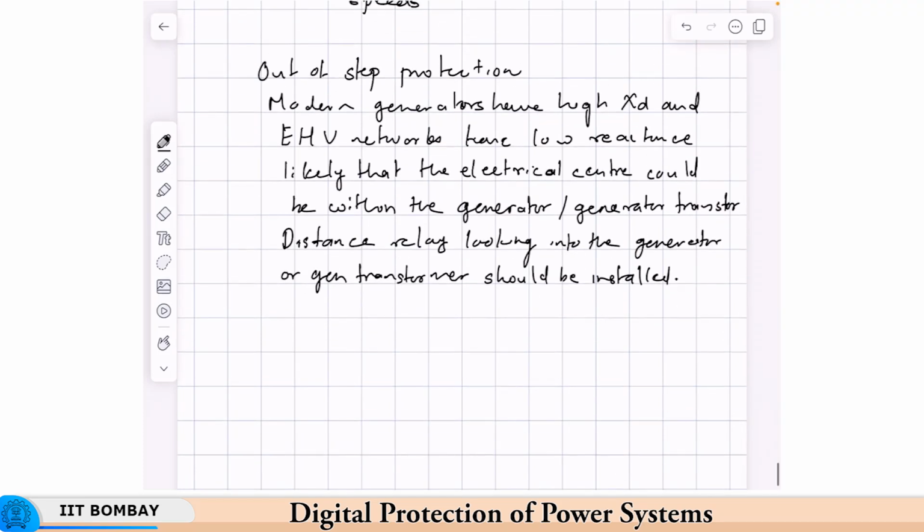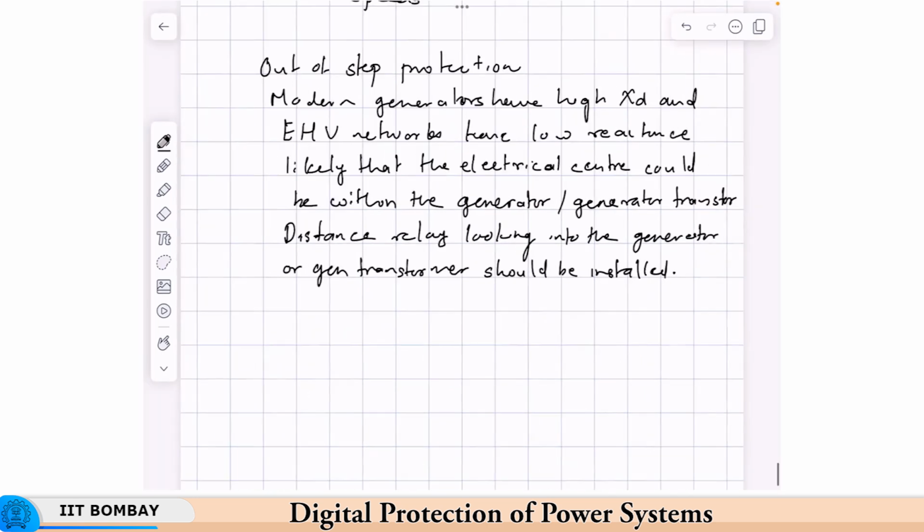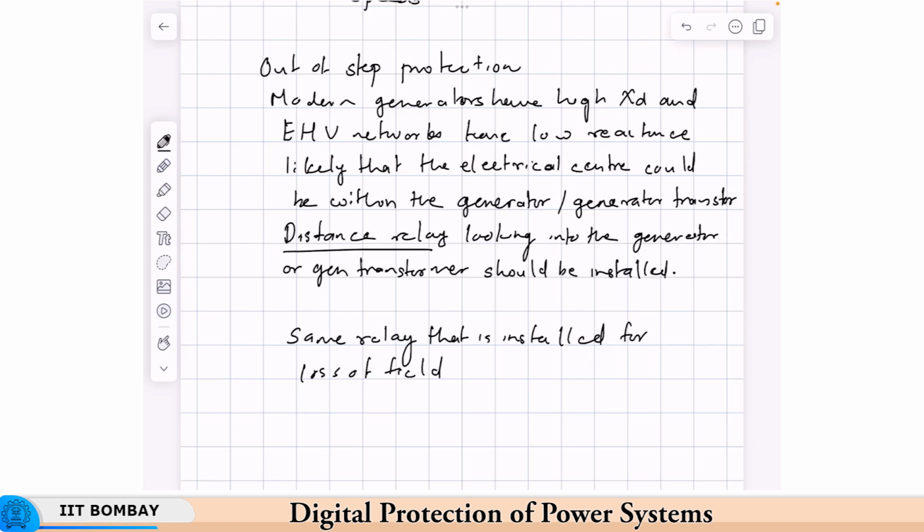Okay. So, since it is a distance relay, we could make use of the same relay that is installed for loss of field, which will pick up on such conditions, on out of step.